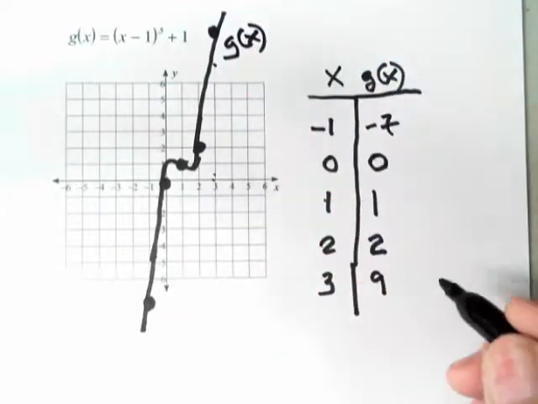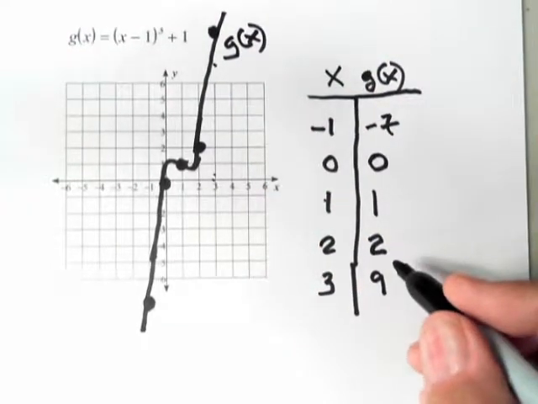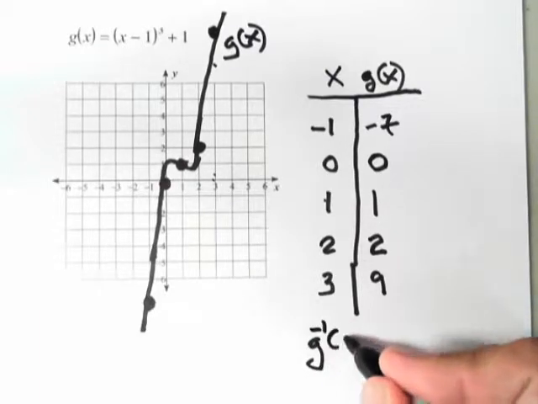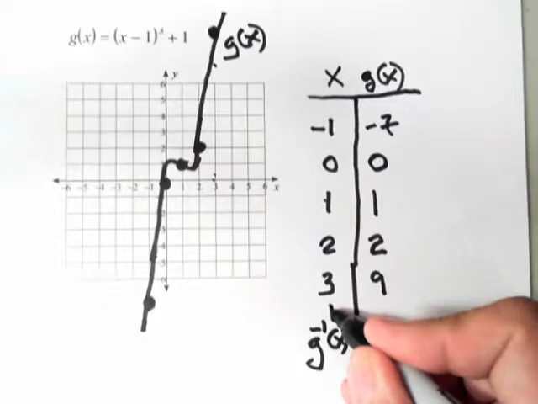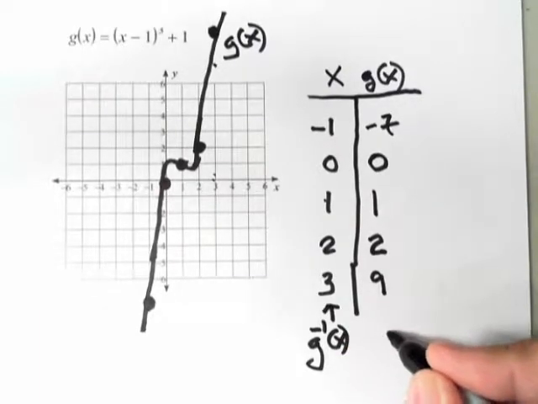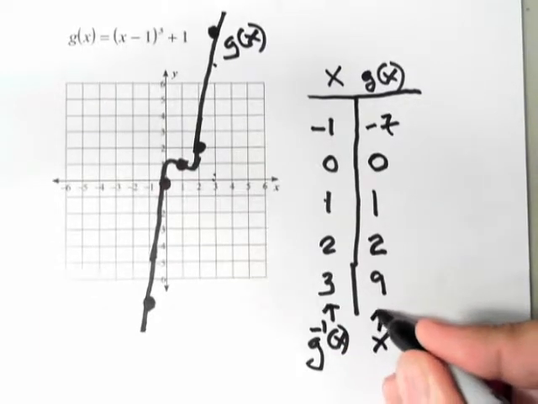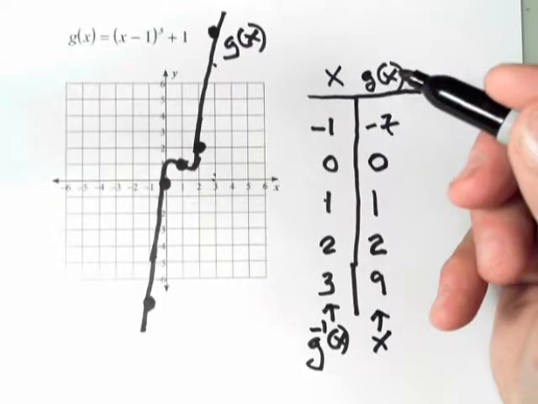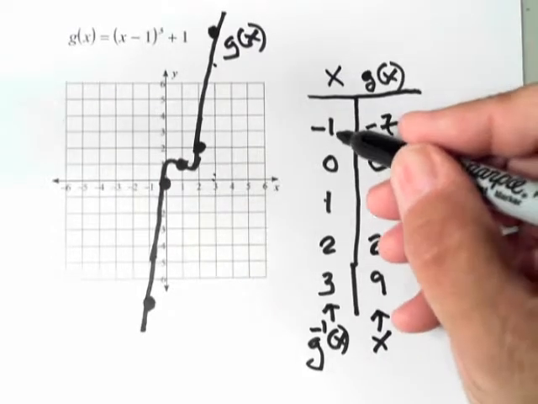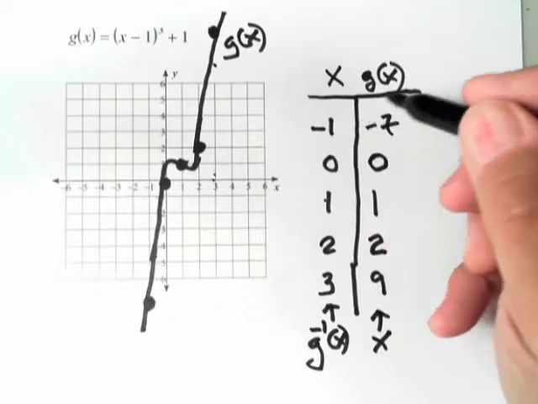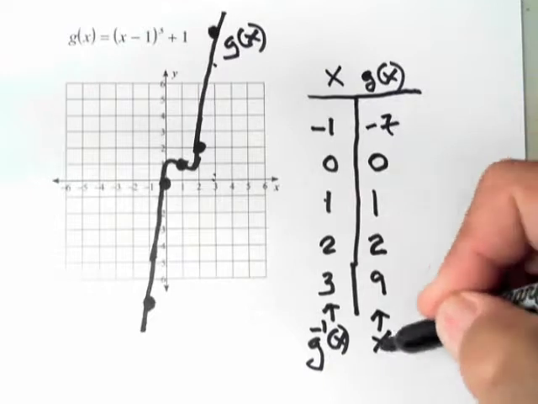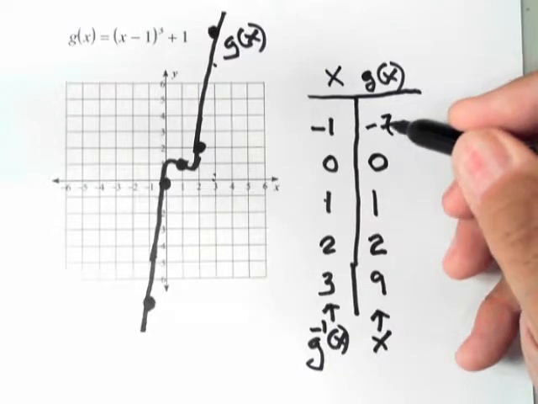Okay, now we've done all the work here, because now g negative 1 of x, our old y, is going to be the first column, and the x's are going to be the second column here. So let's go and plot these guys up. X equals negative 7, y equals negative 1. Remember, we're coming from the bottom here.